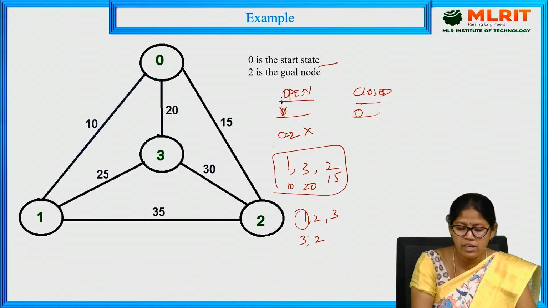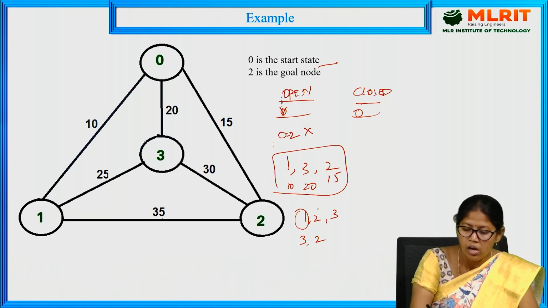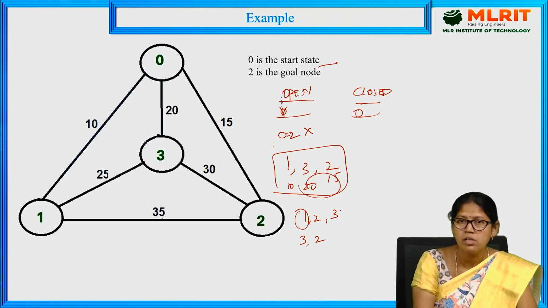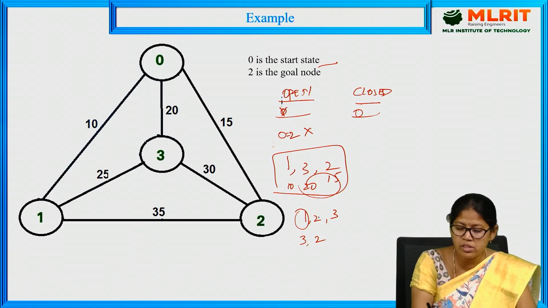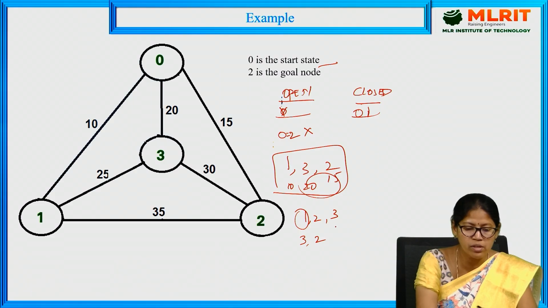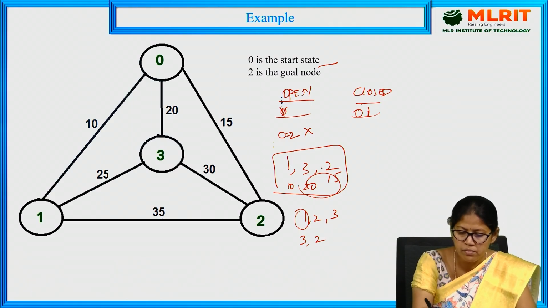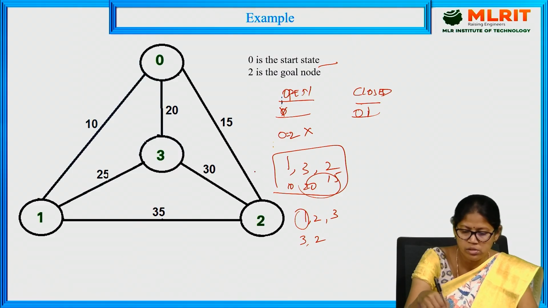Now again it will be calculated. Along with these values, in this algorithm it will carry the cumulative cost. So 1 will be moved to the closed and 3, 2 will be added here. The 3 is already in the open list 1, 2, 3.